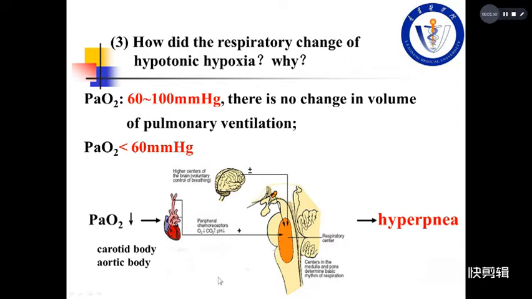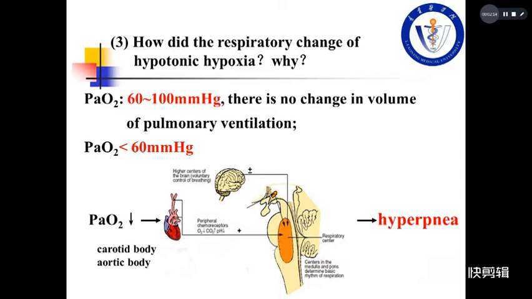Next this will stimulate the respiratory center, so it leads to respiration increase and hyperpnea. So during hypotonic hypoxia, the mouse we observed had respiration first increase.